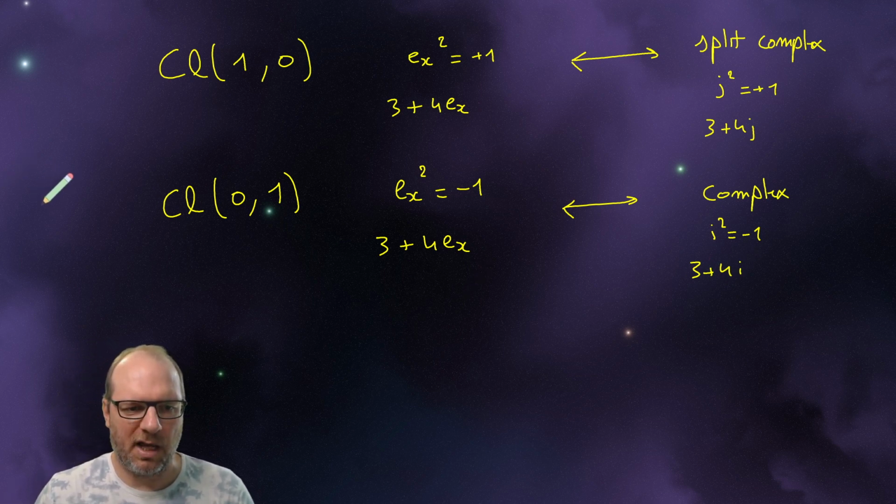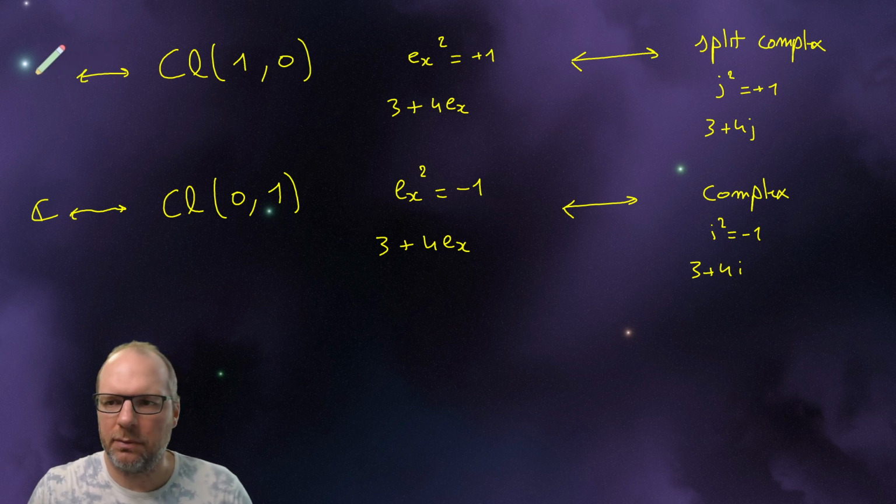So this is isomorphic to the complex numbers, and the previous one is isomorphic to the split complex numbers.